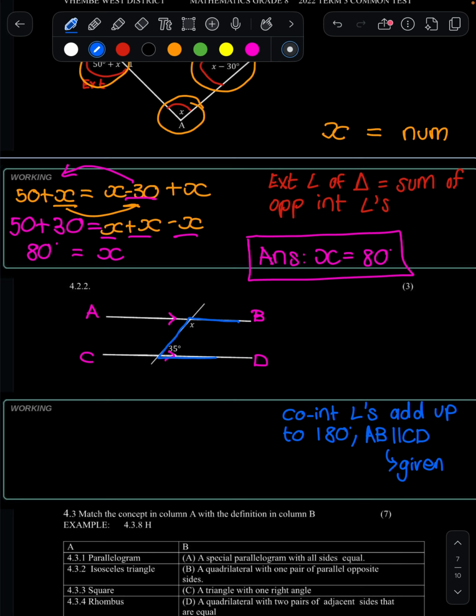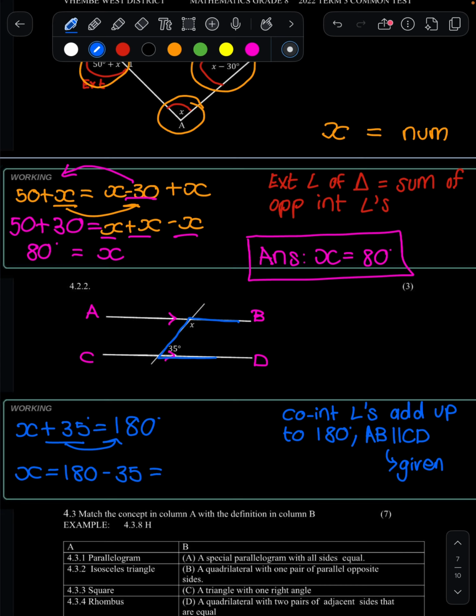Now I can work it out. So I can say x plus 35 adds up to 180 degrees because of co-interior angles. I can take this 35 across. I was adding 35, then I'm going to subtract 35. So x is going to be 180 minus 35.